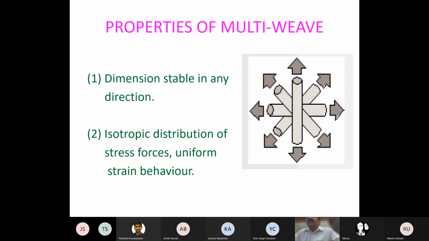So there is no question of slippage of the yarn at the crossover points. It gives a dimensionally stable structure, and isotropic obviously because you are distributing the yarn in this way, so that the properties of the fabric in all the directions are very similar. That's why it is isotropic. So we get these two main advantages in this: high dimensional stability and isotropic properties.